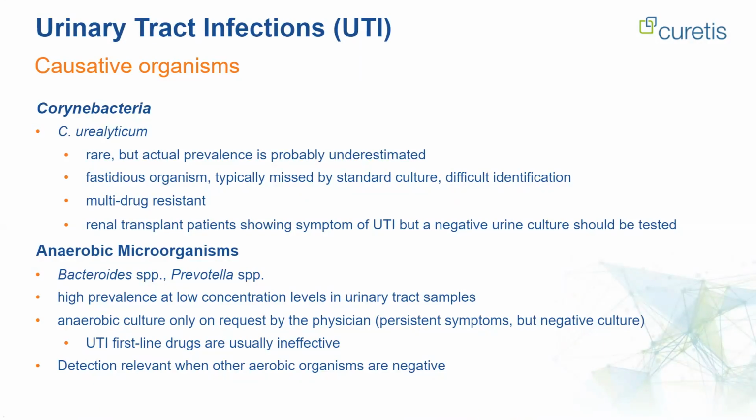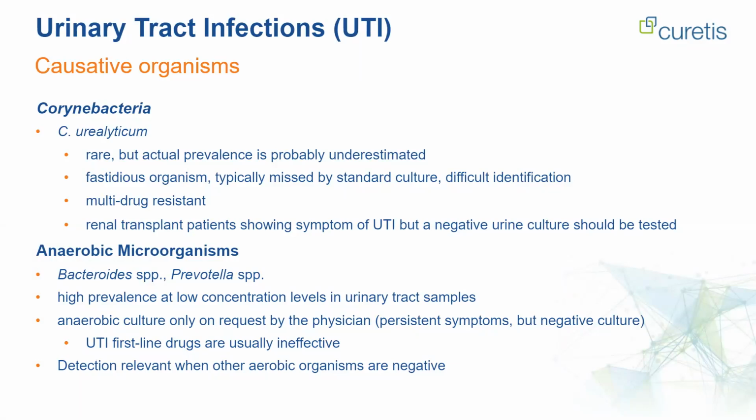Another group of causative organisms for UTI is anaerobic enterotypes such as Bacteroides and Prevotella species, which are part of the microbiota. They are prevalent in urinary samples at low concentration levels.